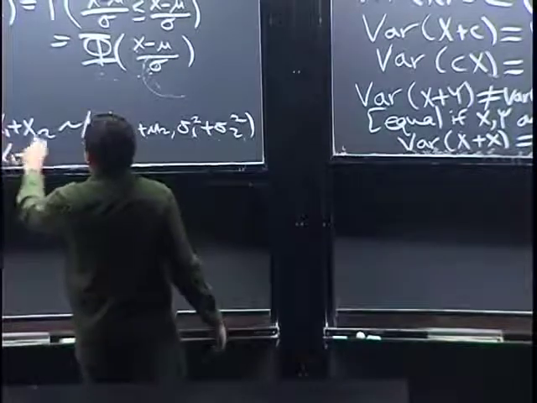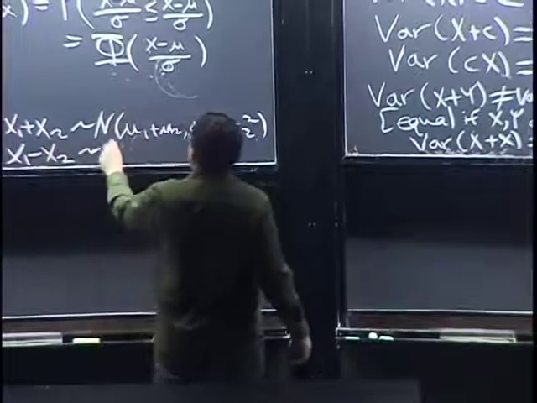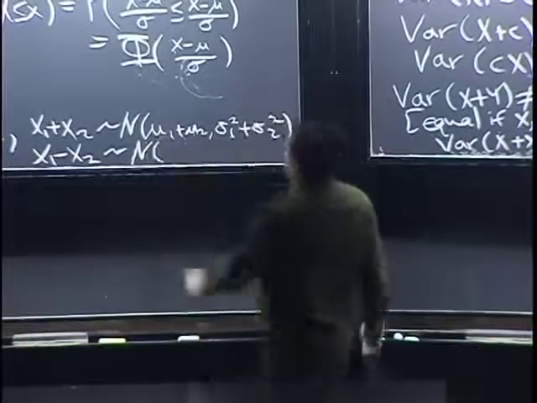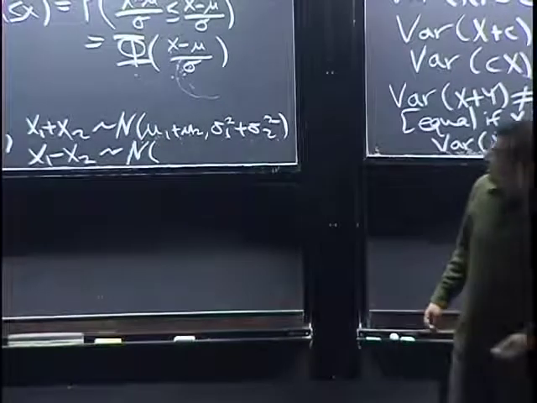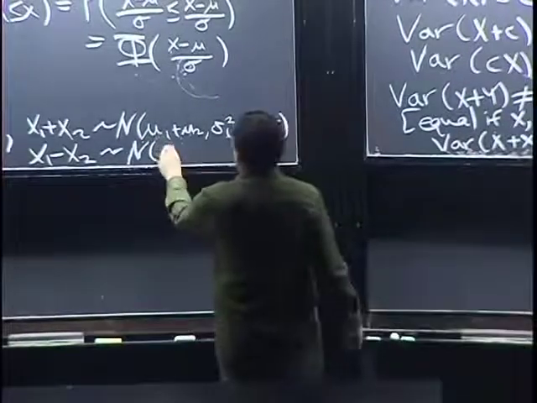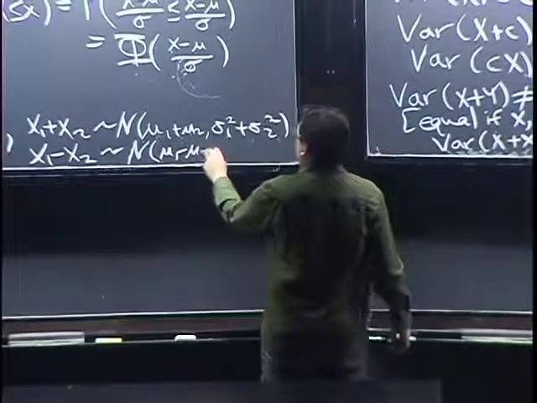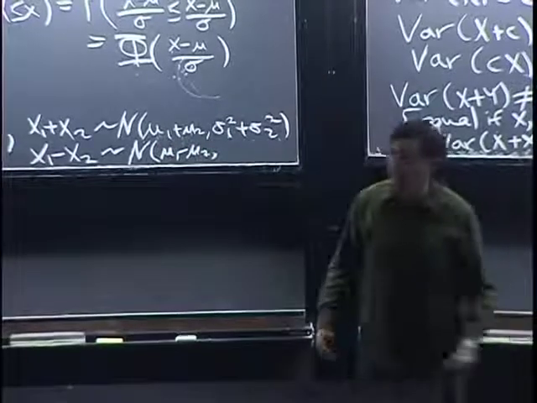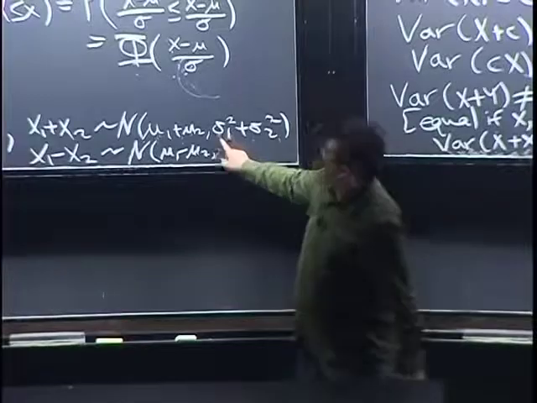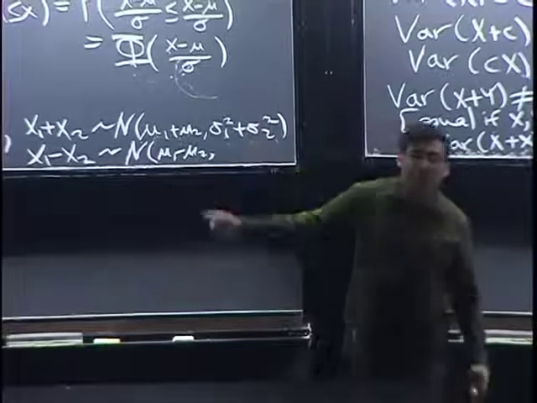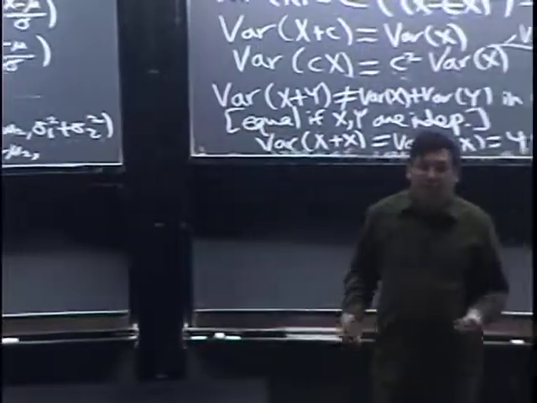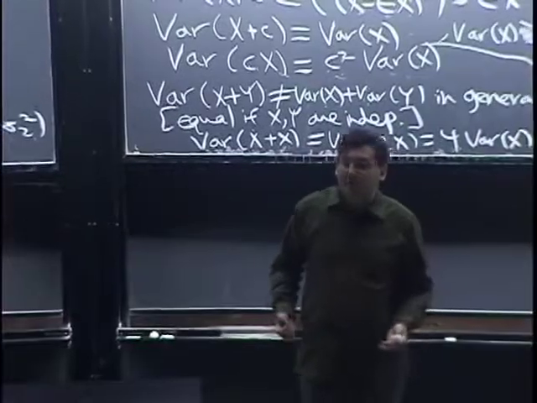Now, what if we looked at x1 minus x2? I'm mentioning this now because I can't even count the number of times I've seen, well, okay, the mean is mu1 minus mu2. That's just linearity again. I can't even count the number of times I've seen students write that the variance is sigma 1 squared minus sigma 2 squared. Well, first of all, that could be negative, so that doesn't make any sense.